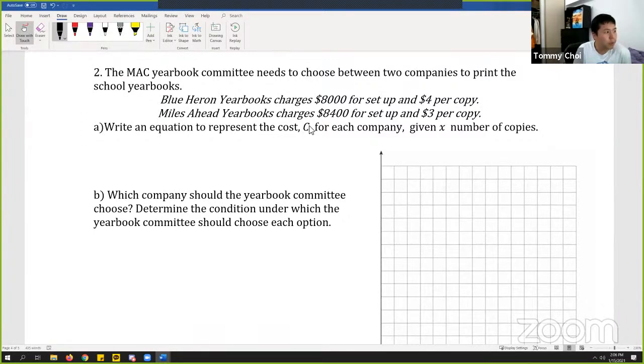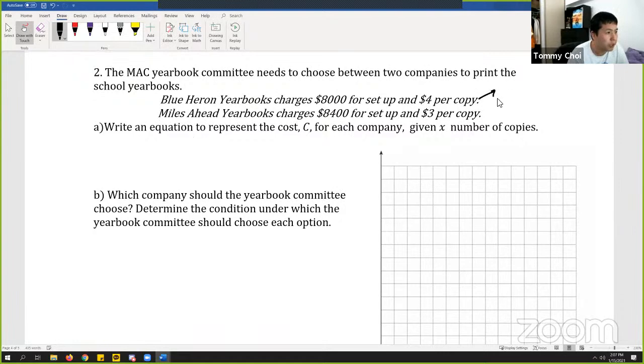Write an equation to represent the cost for each company given X number of copies. So first, we know copies is X, which means our cost C is our Y variable, our dependent variable.